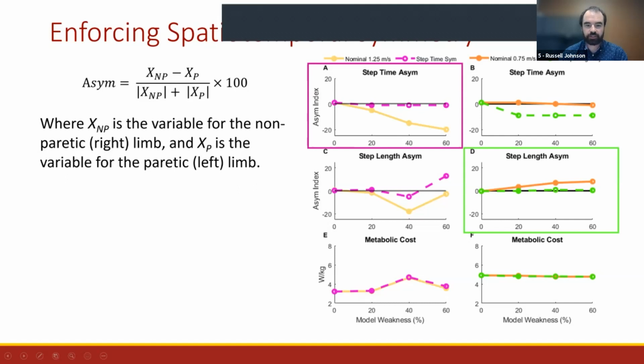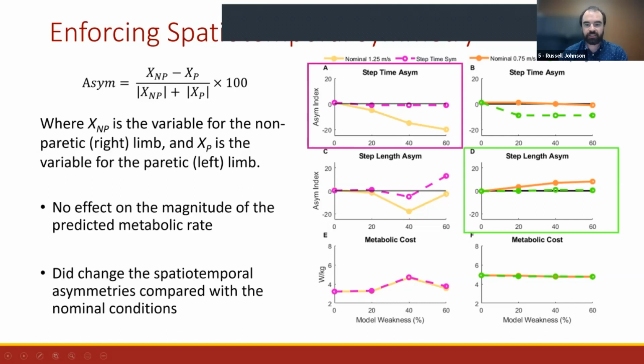And you'll also notice that the opposite domain of asymmetry, either length for this case or time for this case, did change. So there are changes in asymmetry from the nominal case.